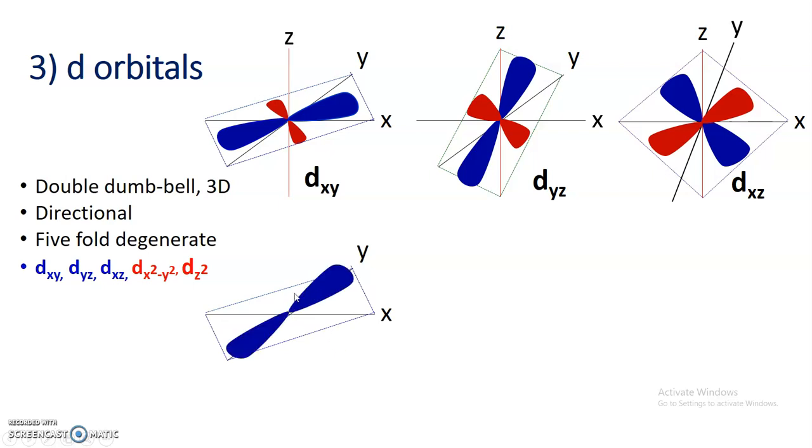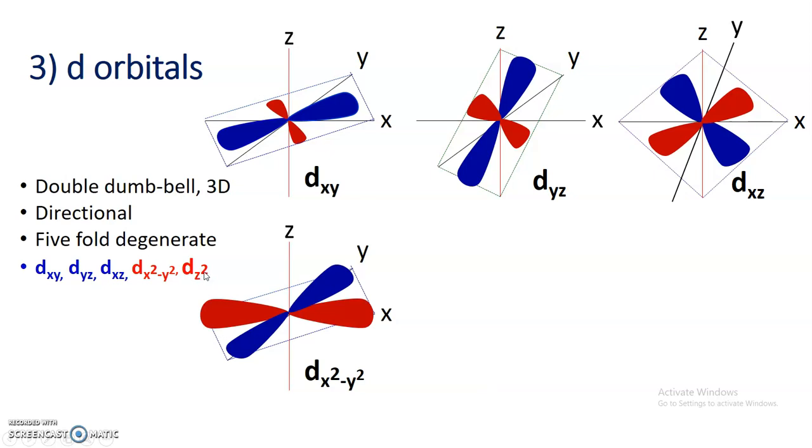For example, the negative sine wave function lobes are oriented, suppose, along the y axis, and the remaining 2 lobes, which have positive sine wave function, are oriented along the x axis. Again these 4 lobes are oriented along the xy plane as well as along the x and y axes, and here the z axis is at right angle to this plane, and this is the dx square minus y square orbital.